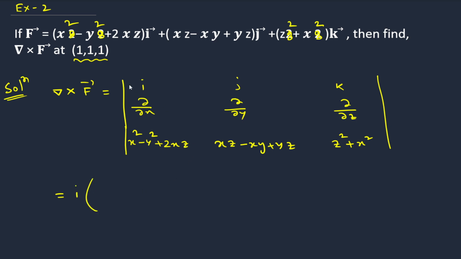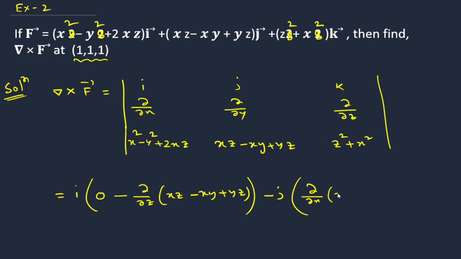I cap into, so first row, first column delete. So see, if we differentiate del del y of y square plus z square, there is no y involved here, so it will become 0, minus del del z of xz minus xy plus yz, minus j cap into, now this row, this column vanish, del del x of z square plus x square minus del del z of x square minus y square plus 2xz.